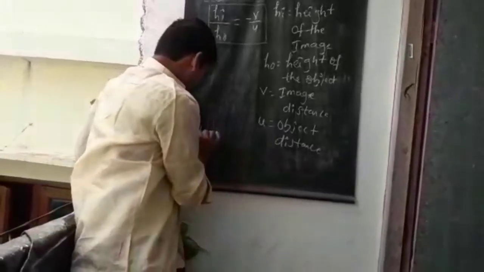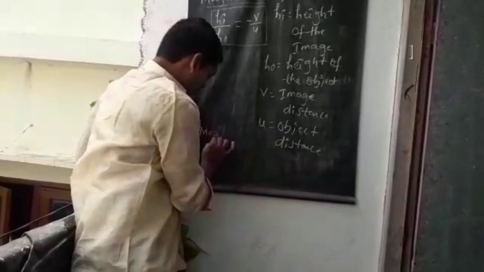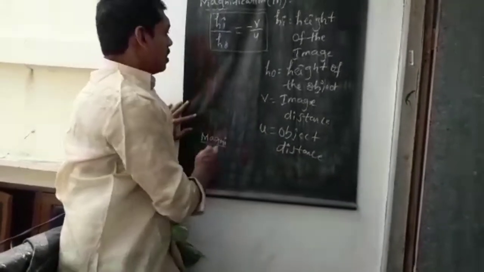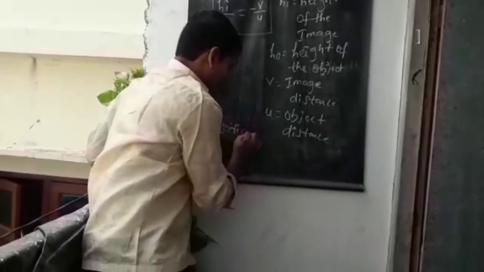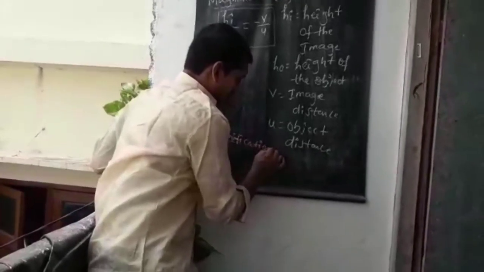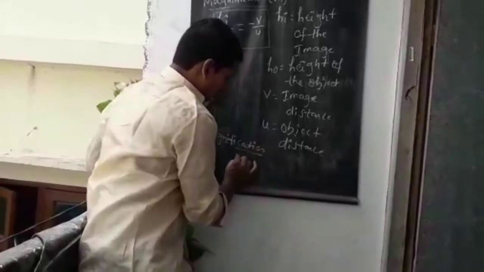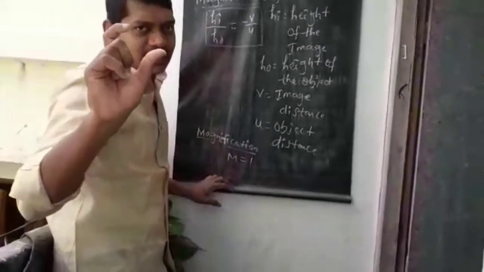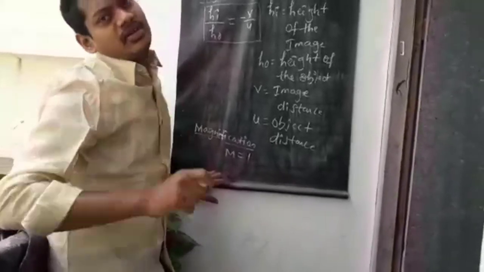There are three very important conditions for magnification. If magnification m is equal to 1, it indicates a plane mirror.